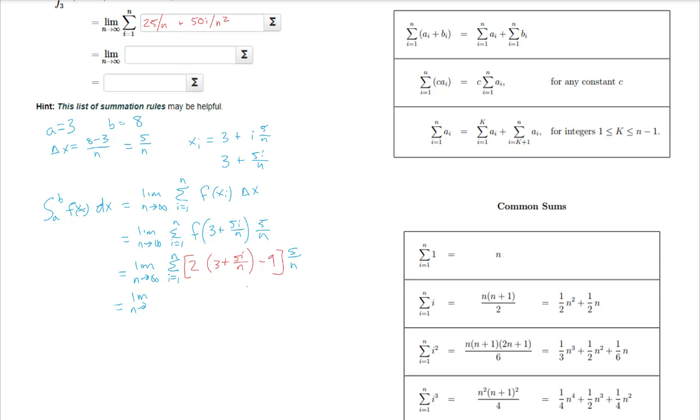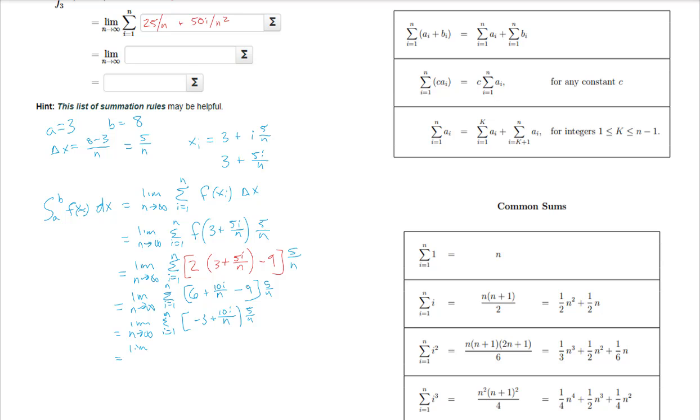So we have the limit as n goes to infinity, the summation i equals 1 to n, and in here we're going to get 6 plus 10i over n minus 9, times 5 over n. And we end up with a negative 3 plus 10i over n in there, multiplied by 5 over n.